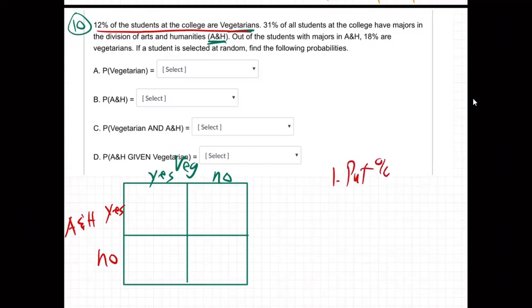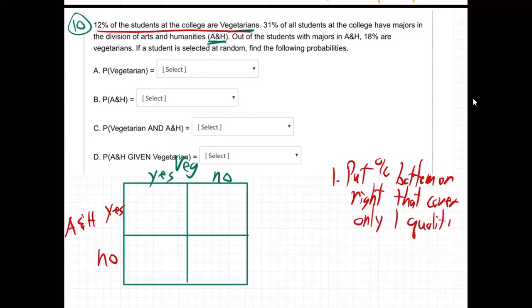Put percentages on the bottom or right that cover only one quality. Like when they say 12% of the students are vegetarians, that only talks about one quality, vegetarians. It says nothing about whether you're an arts humanities major or not.